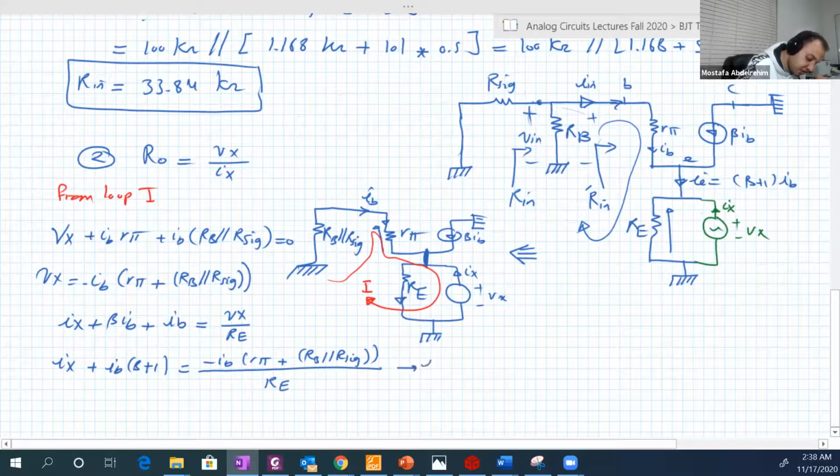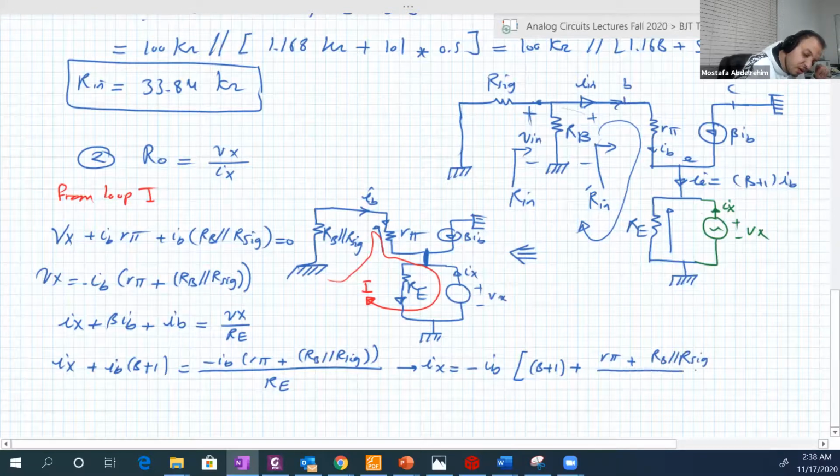So from this, Ix equal to minus IB. Let's take minus IB as a common factor. So this will lead us to (beta plus 1) plus (R pi plus RB parallel R signal) over RE.